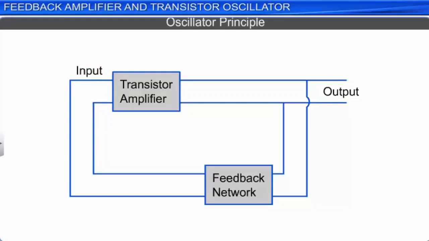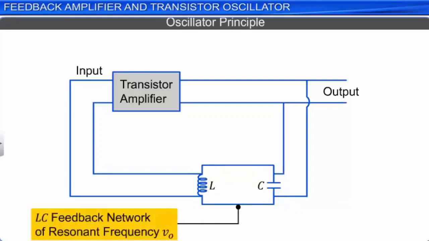A commonly used feedback network consists of an LC circuit formed by the combination of an inductor with inductance L and a capacitor with capacitance C. This is a resonant circuit that produces an output of a particular resonant frequency.